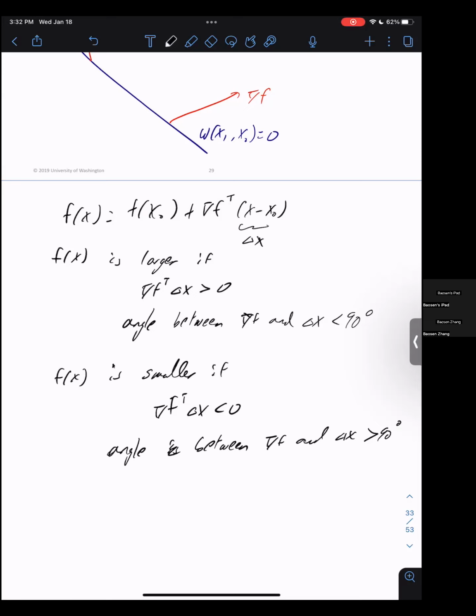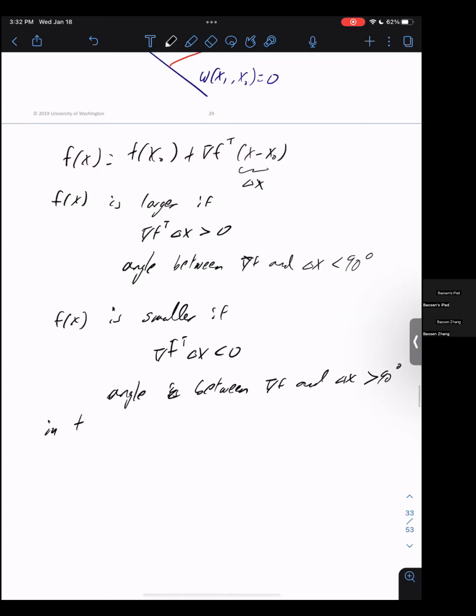So before, for the unconstrained case, the gradient has to be 0.